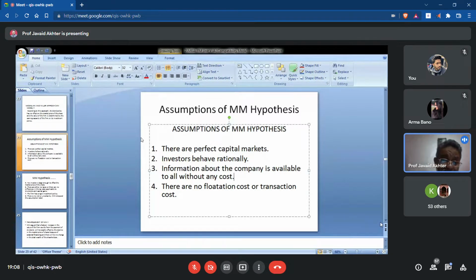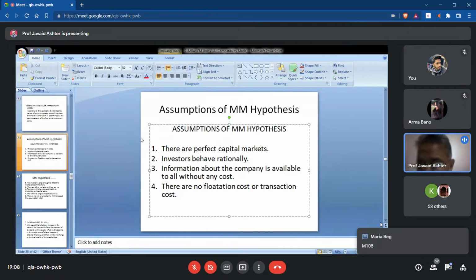Do you have any idea what is flotation cost or transaction cost? No, sir. Okay, that is why you want a clarification. When a company issues a share, it receives money in the form of inflow, but before it does so, it has to incur some cost, like cost of advertisement. When it comes up for the issue of share, you must be seeing regularly advertisements in the newspaper or TV channels, in various media, electronic or print.